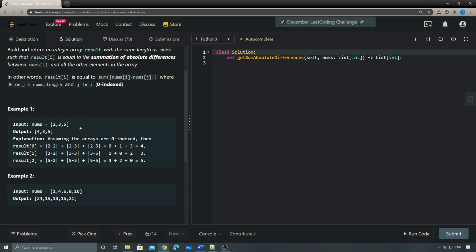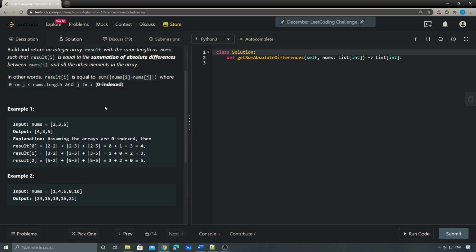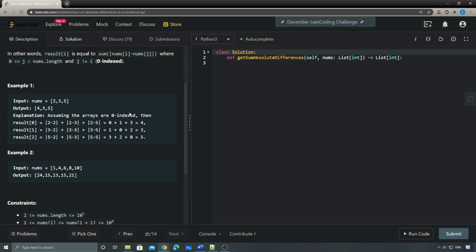And how can we do it? A hint is that it's a sorted array, because when we use the brute force solution, we're not utilizing this sorted array here. So how can we utilize that?